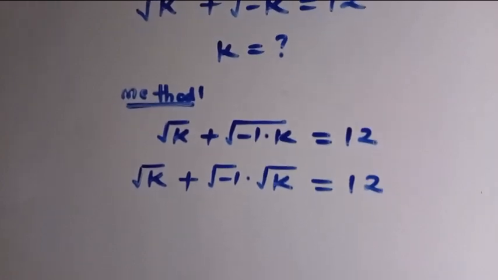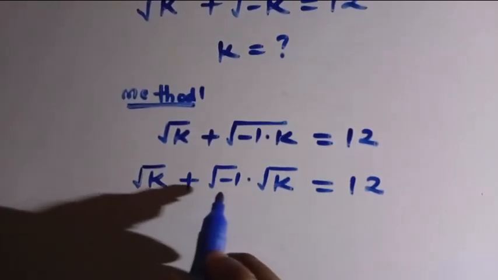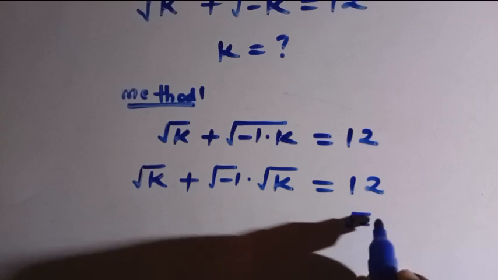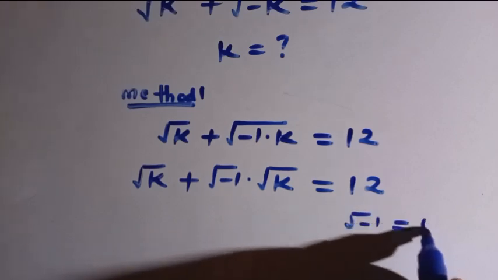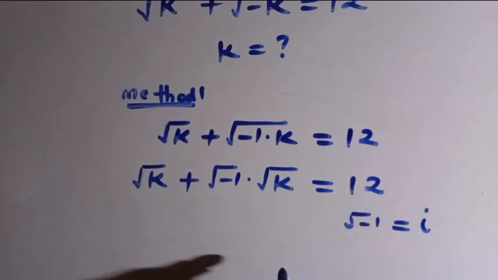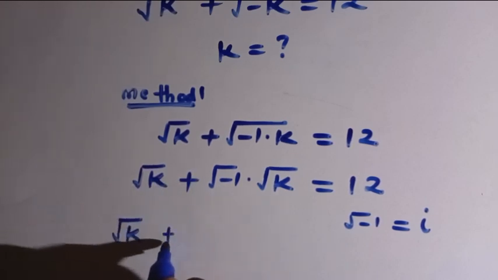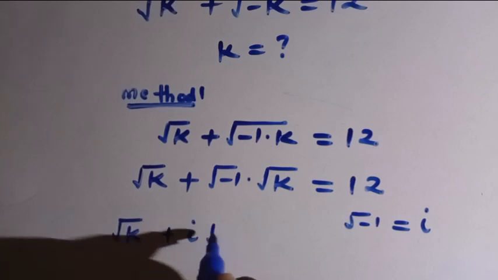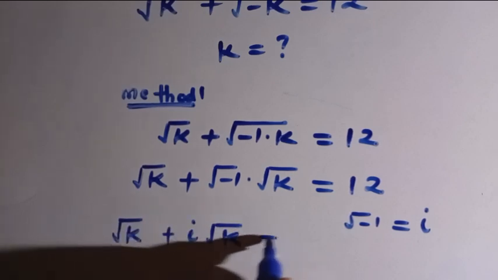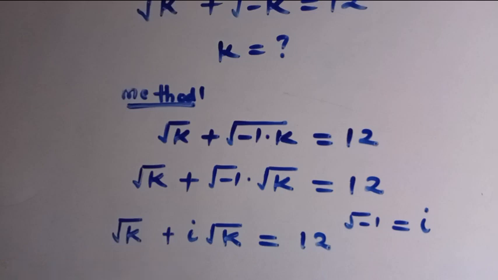Square root of minus 1 equals i. Then we change this to i, as we have square root of k plus i square root of k equals 12.